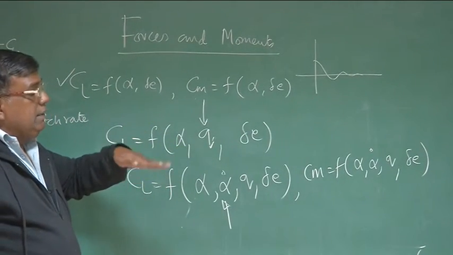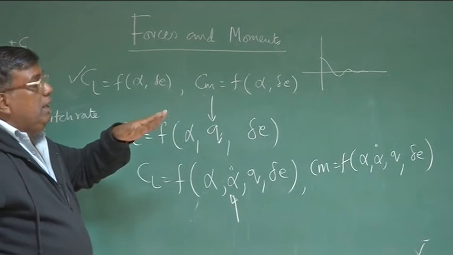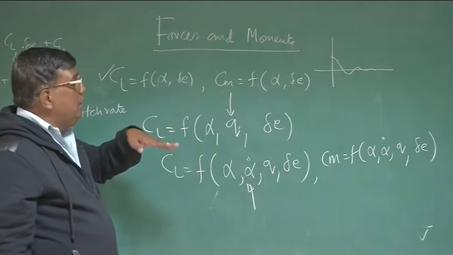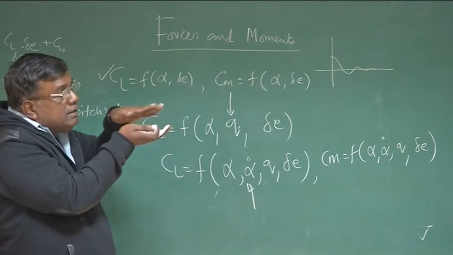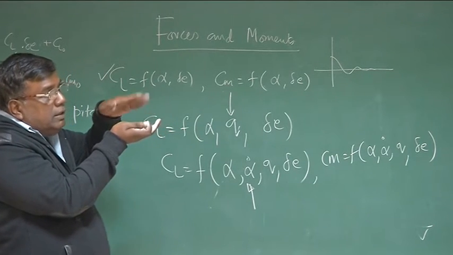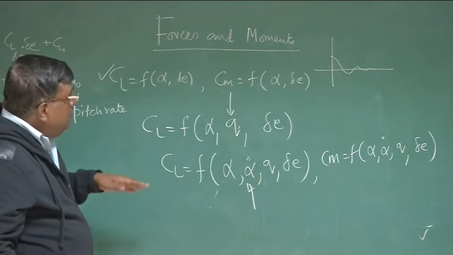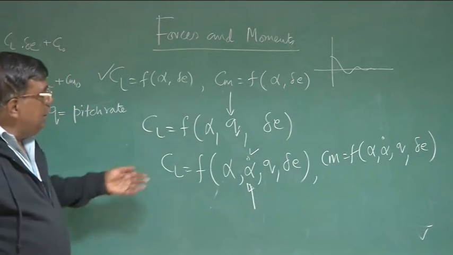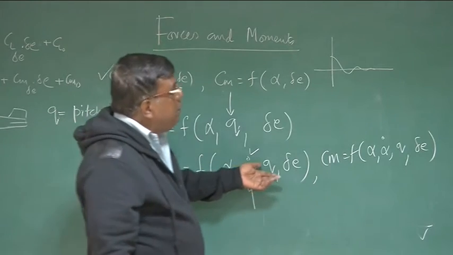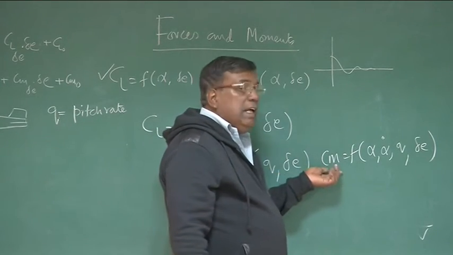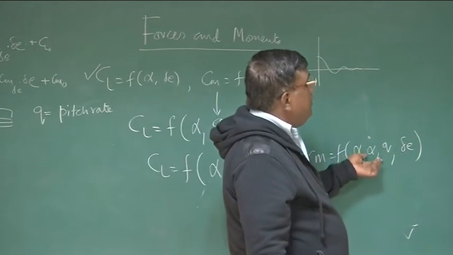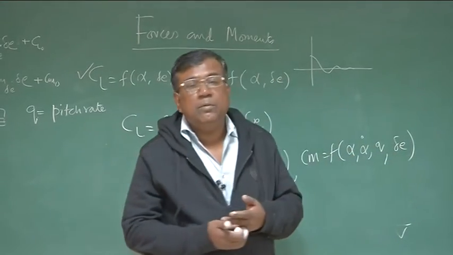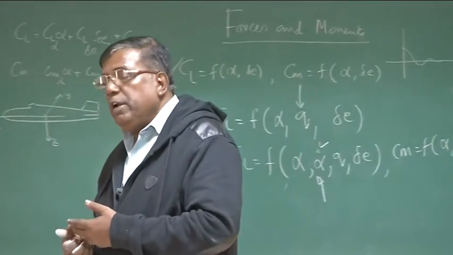As the airplane does like this, the velocity vector and the axis, their angle changes. So there is an induction of alpha dot. So Cl also will be a function of alpha dot, q and delta E, and Cm will naturally also be a function of alpha dot, q and delta E, because Cm is nothing but Cl multiplied by a length.